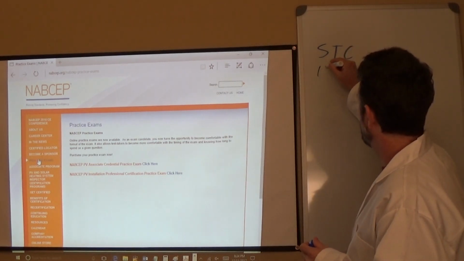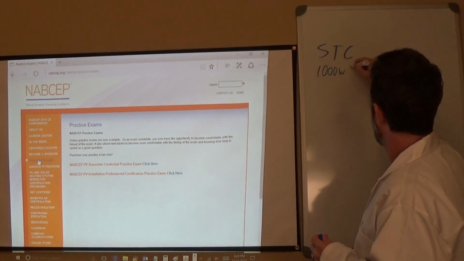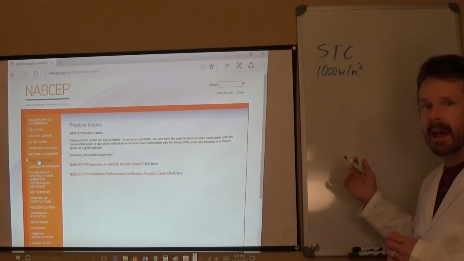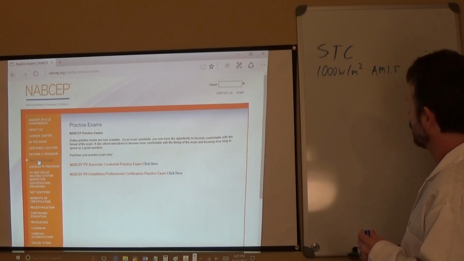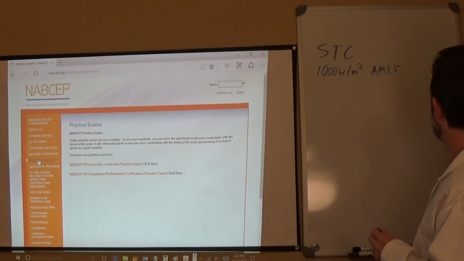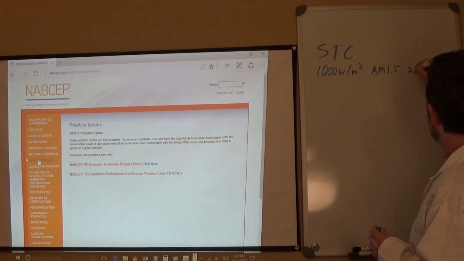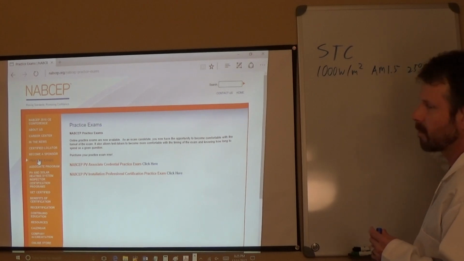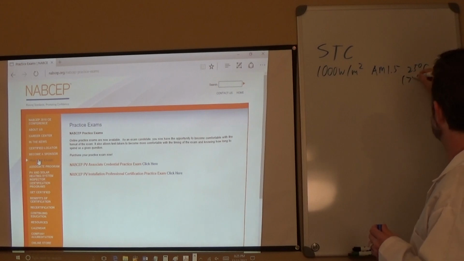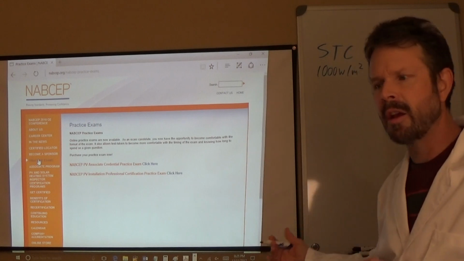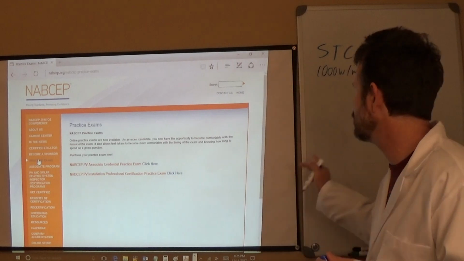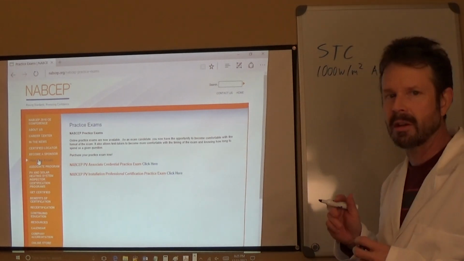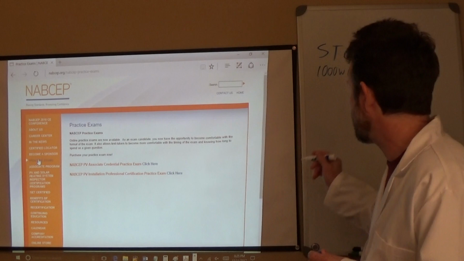And it happens to be 1,000 watts per meter squared, and air mass of 1.5, and then there's a temperature involved, and that is 25 degrees C for Celsius, or 77 degrees Fahrenheit. That's what standard test conditions is. Products in the industry, the solar modules as well as inverters, are tested using this particular standard test condition. Next one to know is absolutely Ohm's law.